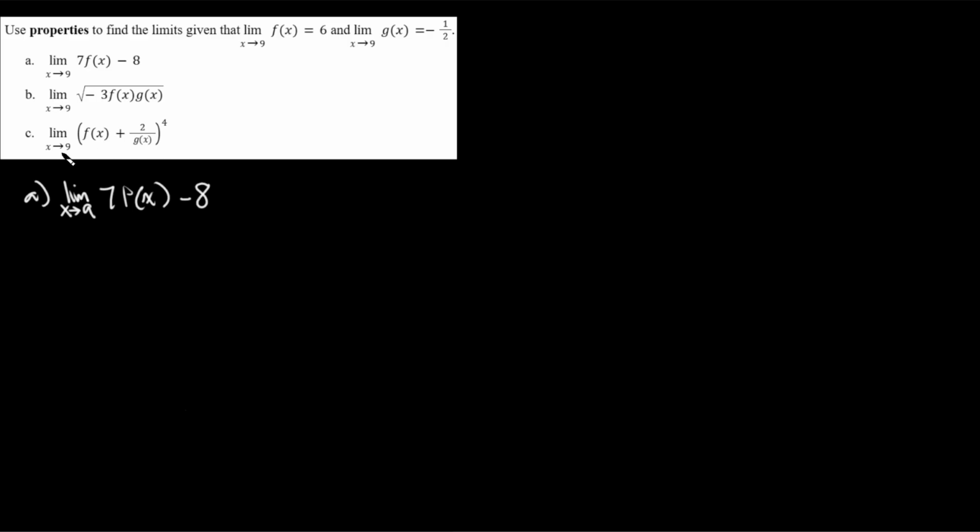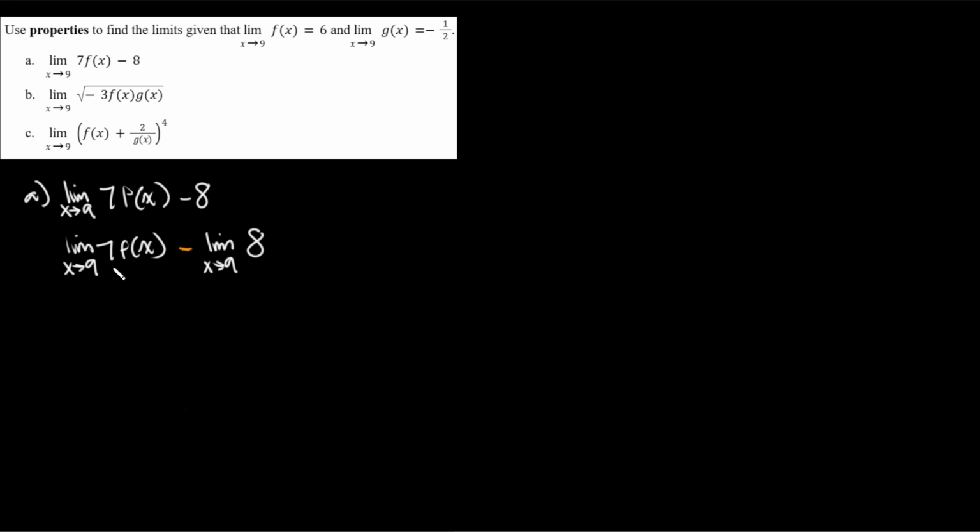And so the first thing I'll usually do is the big picture. And so it looks like there's something minus something. And so I'm going to rewrite this as the limit as x goes to 9 of 7 of f of x. And here's the key part. We're going to subtract the limit as x goes to 9 of 8.